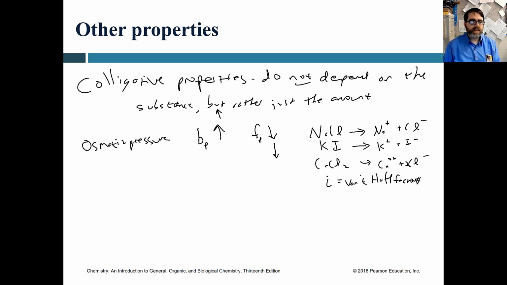Anyway, that's one. The other one I wanted to mention is the Beer-Lambert law, sometimes just called Beer's law, which says that A is equal to ε times b times c. This is absorbance. And then we have concentration.